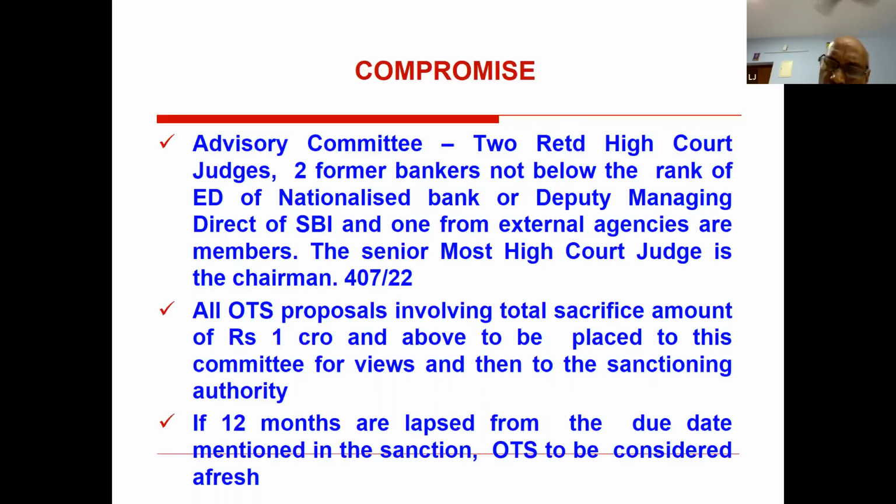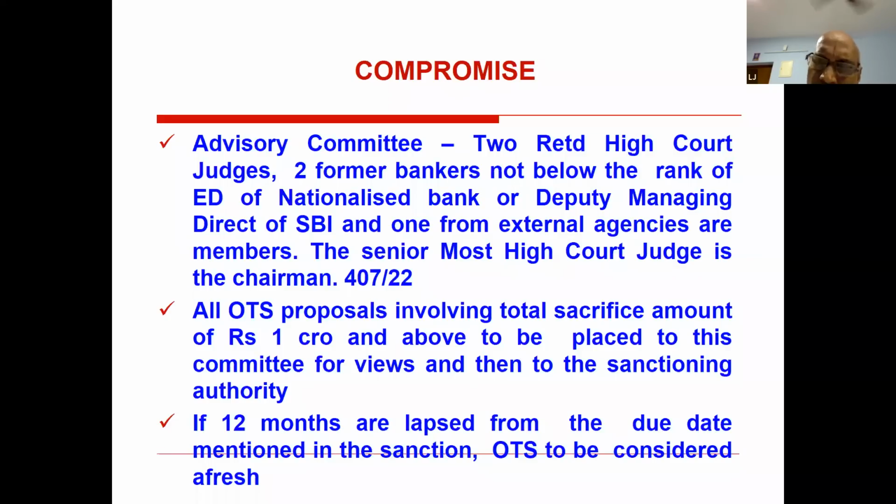The next point: you have settled an OTS and given time to the borrower. The maximum time is 18 months. Suppose he wants 6 months time. Today, OTS is settled, so you give time till June. If he has not paid by June, you can wait another 12 months from the month of June.